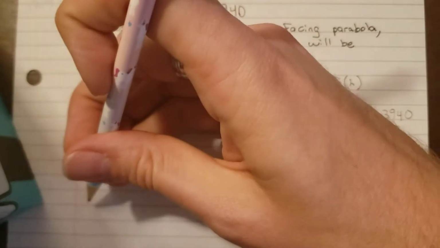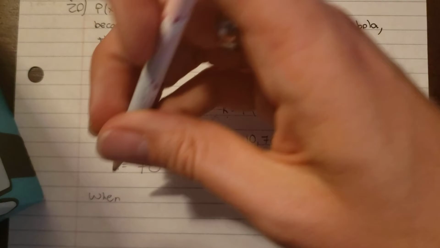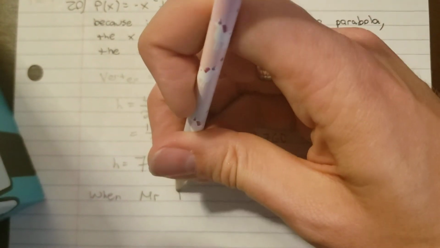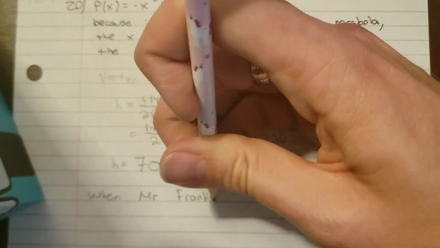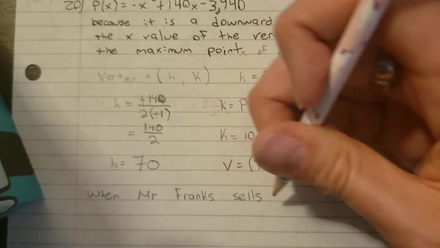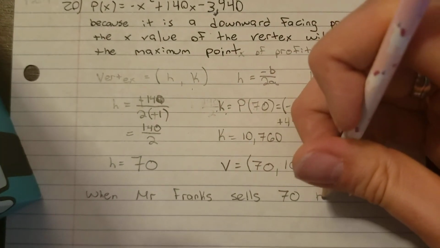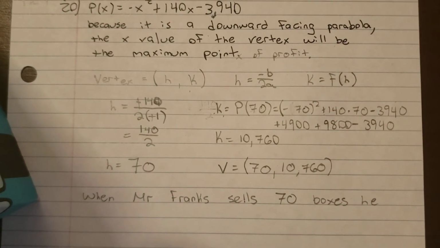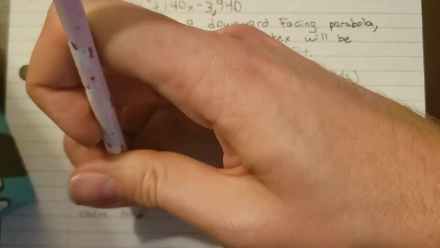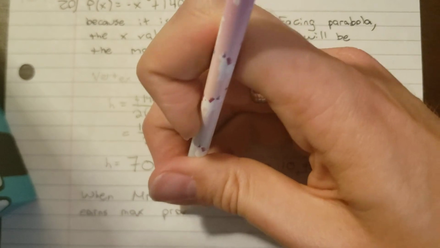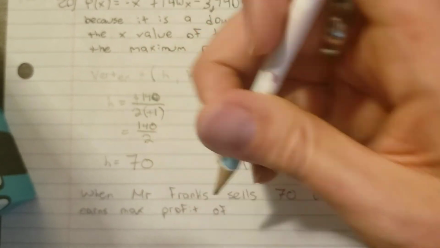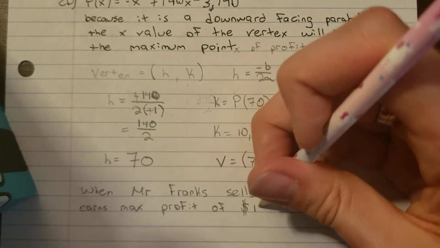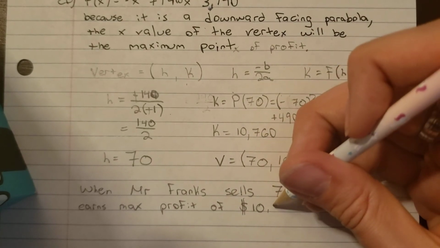So when Mr. Franks sells 70 boxes, he earns his maximum profit of $10,760.